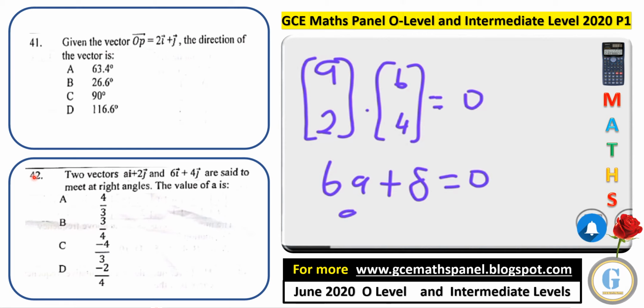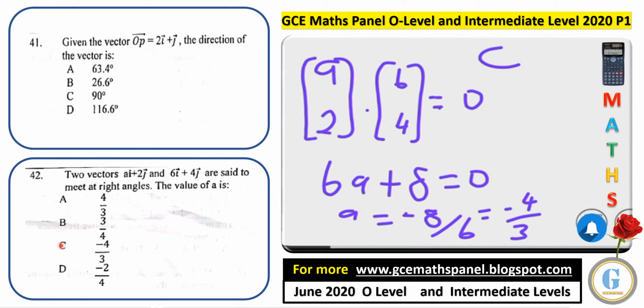When we solve for this, A will be equal to minus 8 on 6, which is the same as minus 4 on 3. Minus 4 on 3. So this gives us the answer C for question number 42.